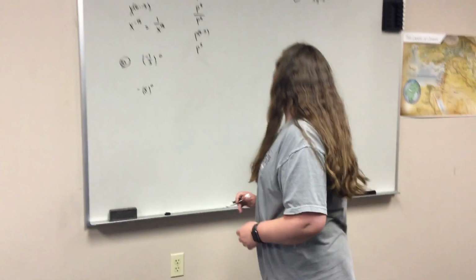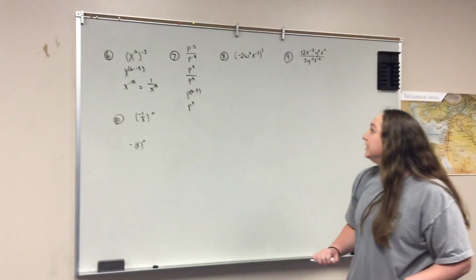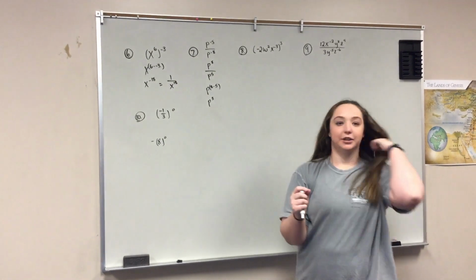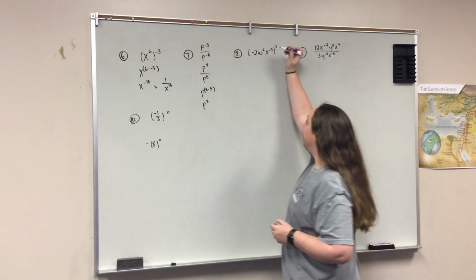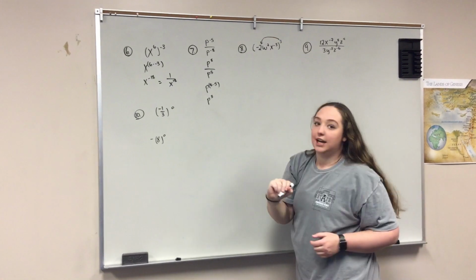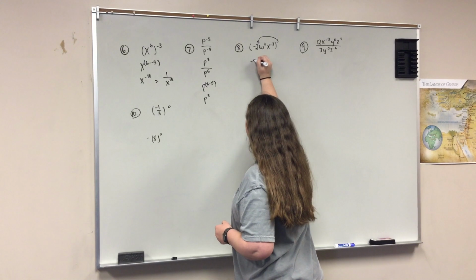Okay, so then I'm going to move on to number 8. And we have negative 2 w squared x to the negative 3, and all that's going to be raised to the 3rd power. So remember, when you have an exponent, it needs to go to each piece. So we have negative 2 cubed, and that's going to be negative 8.